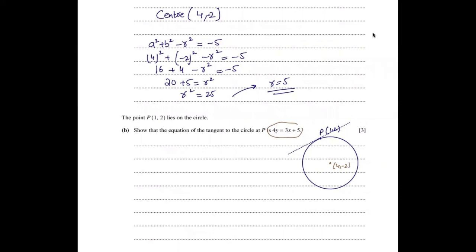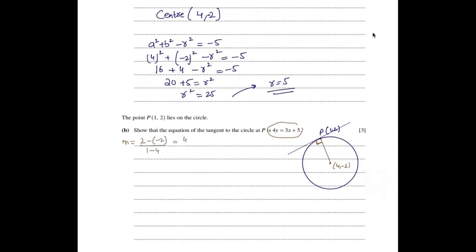So you find the gradient between P and the center. If you're going to connect these 2 points, you're going to get the radius. Okay, and we know that the radius and the tangent are perpendicular. So first I can get the gradient of the radius by using the formula y2 minus y1 over x2 minus x1.